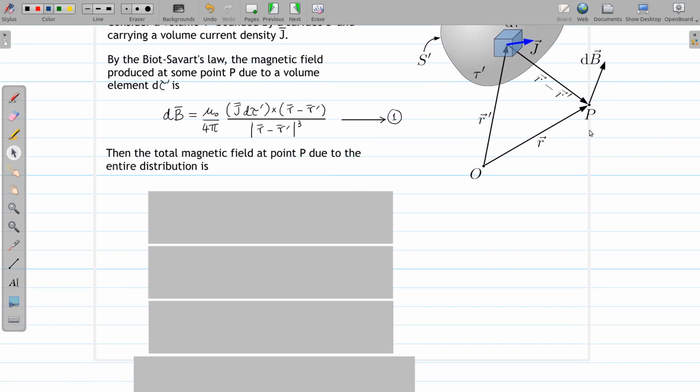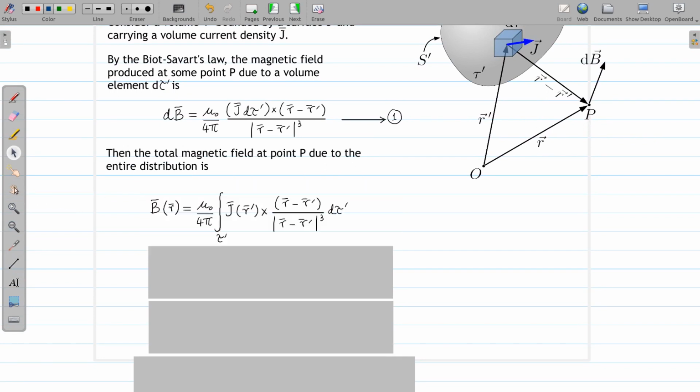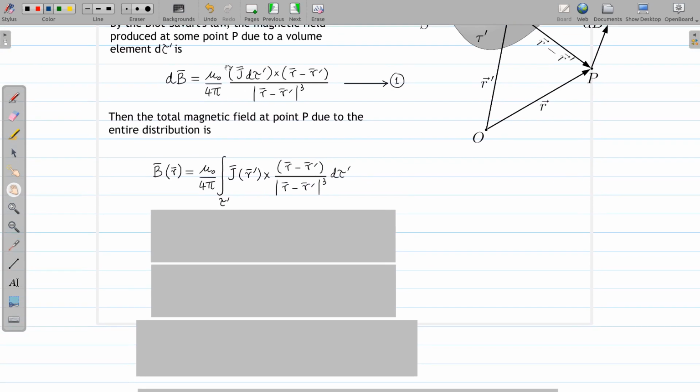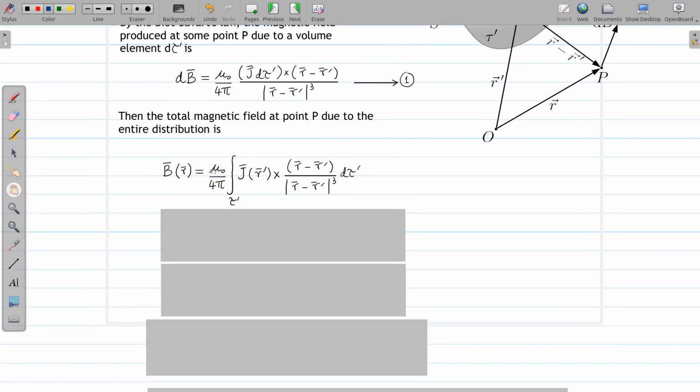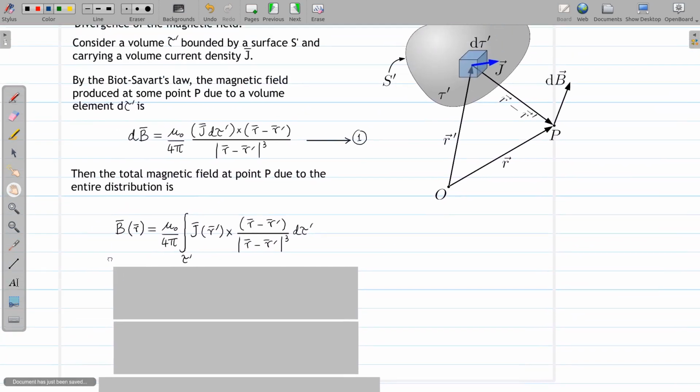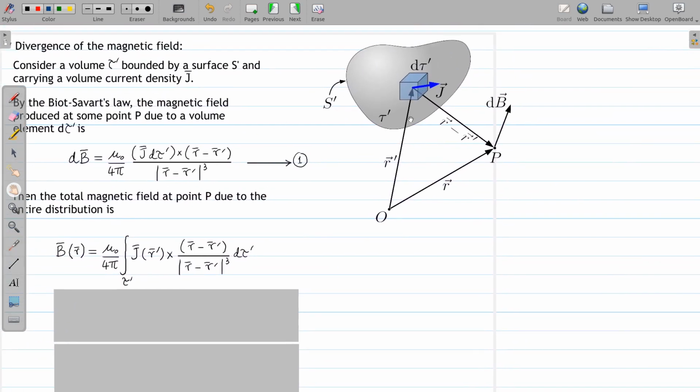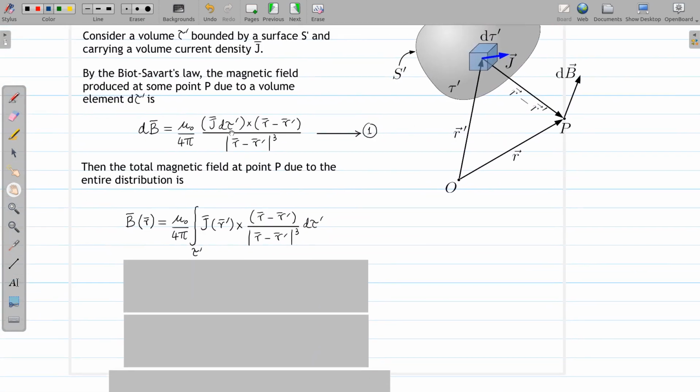Then the total magnetic field at this point P, as you can guess, is simply going to be the integration of equation number 1. On the left hand side we get the total magnetic field, which is going to depend on r alone, because we are integrating with respect to r prime. There are two variables, r and r prime.